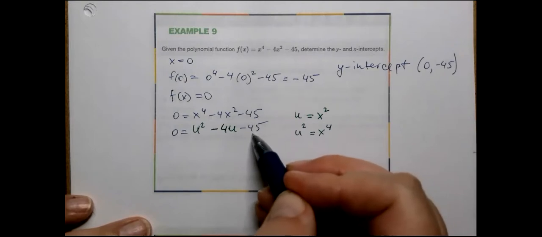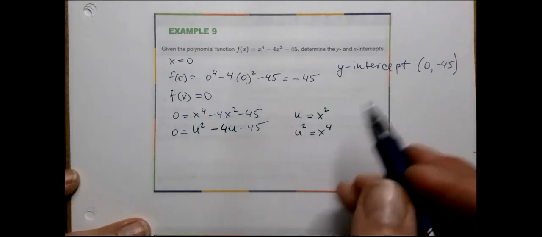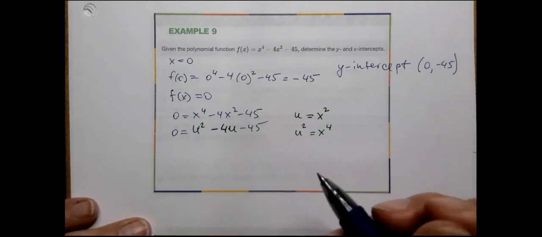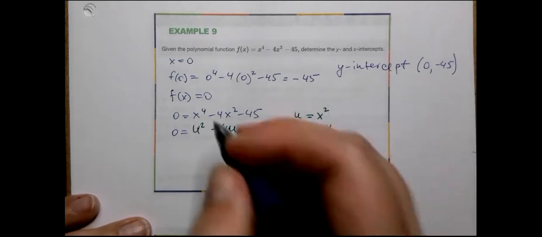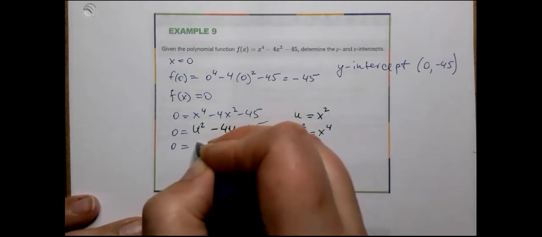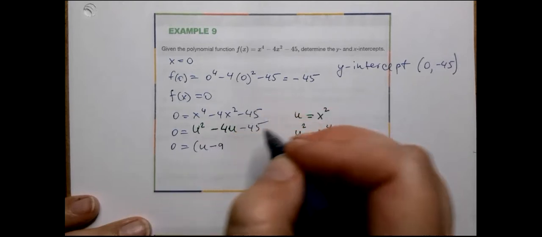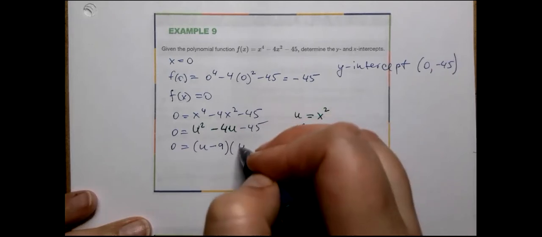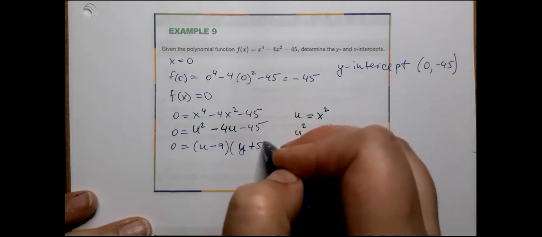So I'm looking for two numbers that will multiply to negative 45 and add to negative 4. And it just happens to be negative 9 and 5. So we could factor it as u minus 9 and u, not y, u plus 5.